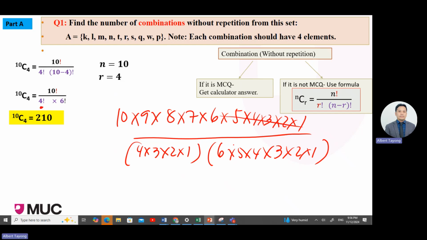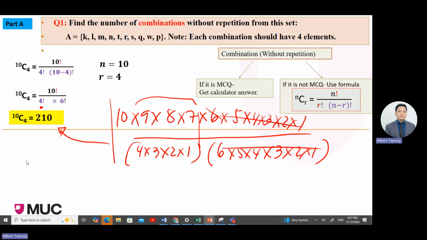So this can be deleted. Okay, and this, of course, 10 times 9 times 8 times 7 over 4 times 3 times 2 times 1 will be 210. So please check this during your free time. Okay, so let's proceed to the next.